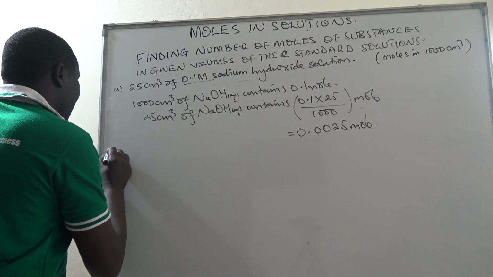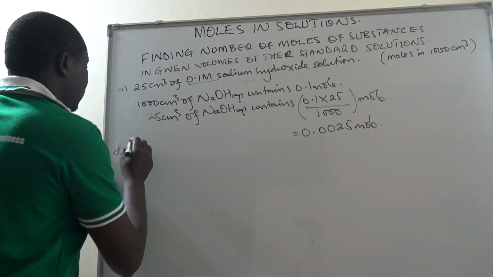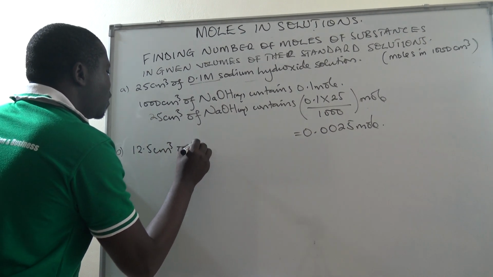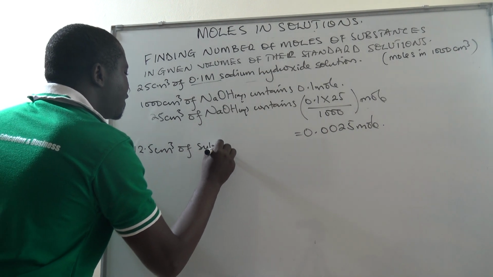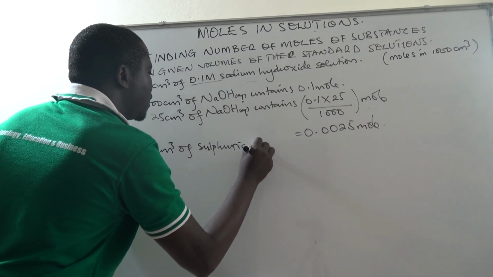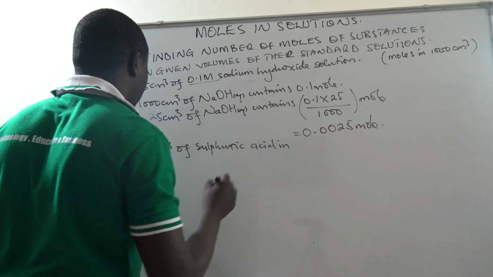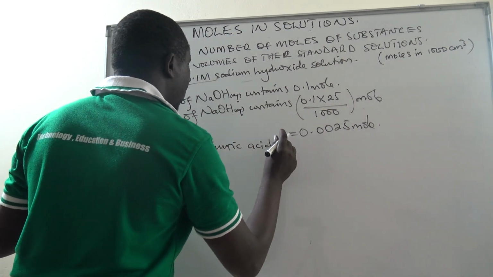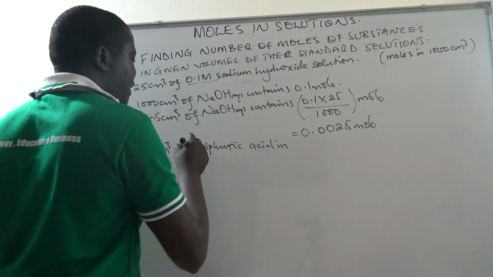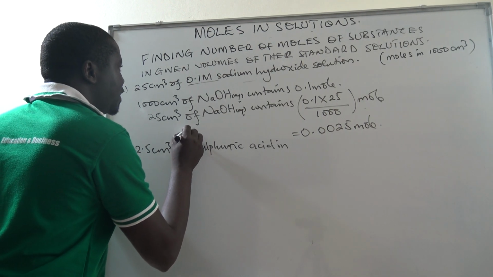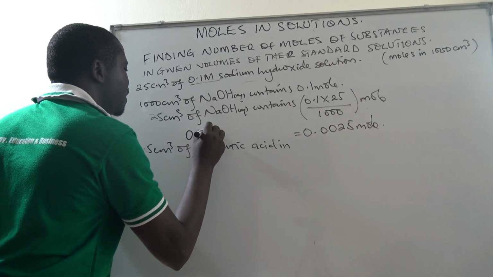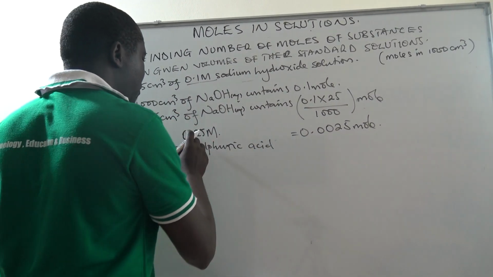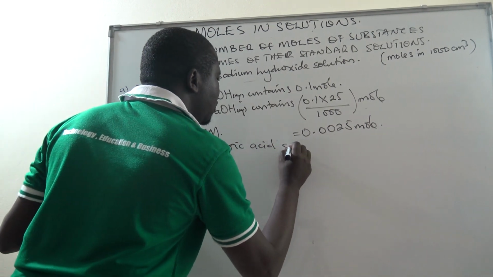Let us look at another one here. I have, let's say, 12.5 cubic centimeters of sulfuric acid, and let us get the molarity, if the molarity is say 0.25 capital M. So 12.5 cubic centimeters of 0.25 capital M sulfuric acid solution.